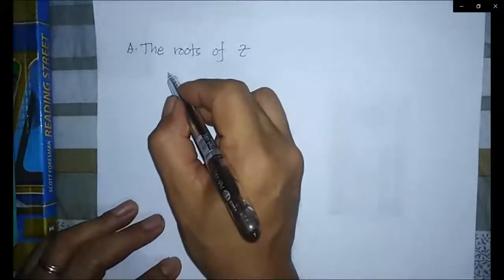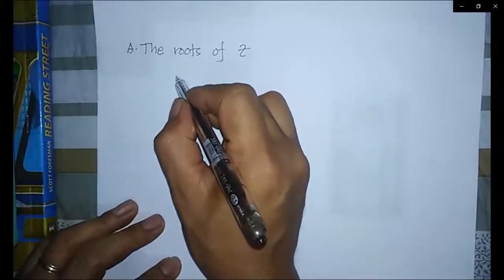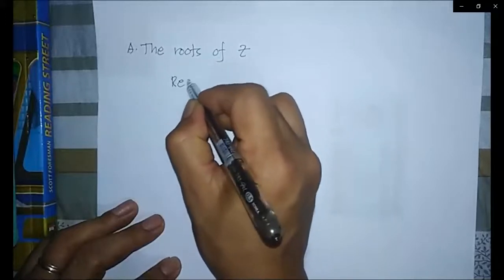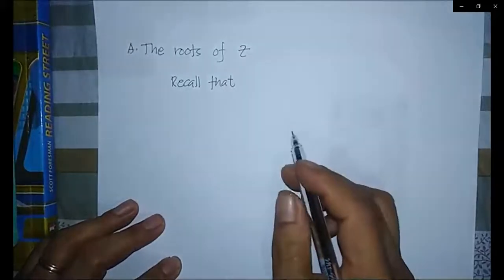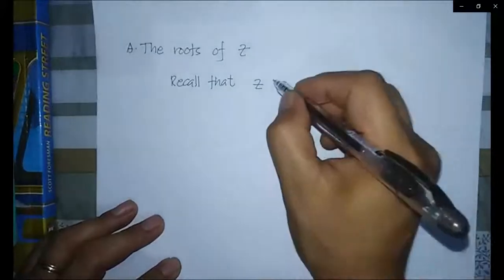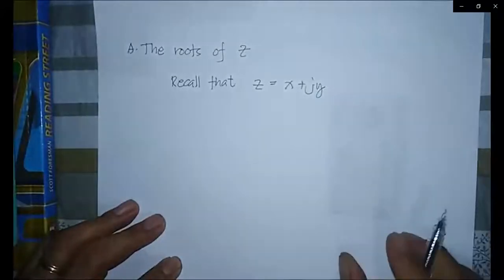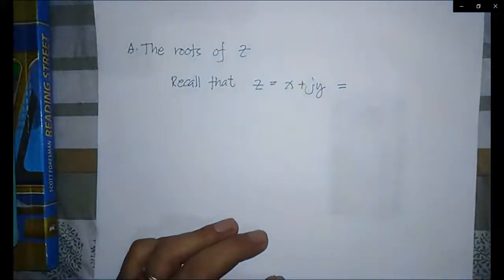From our previous topic, we can recall, this is from our previous topic. So recall that your complex number Z can be written in rectangular form as x plus jy. That is also equivalent to its polar form.